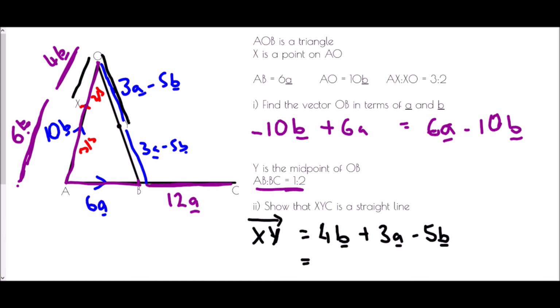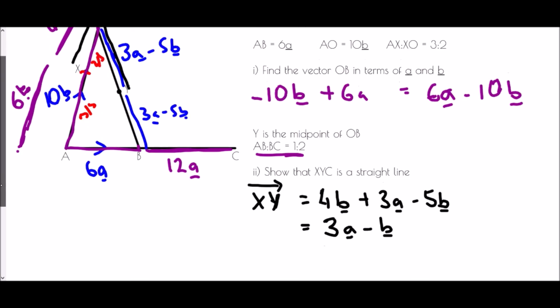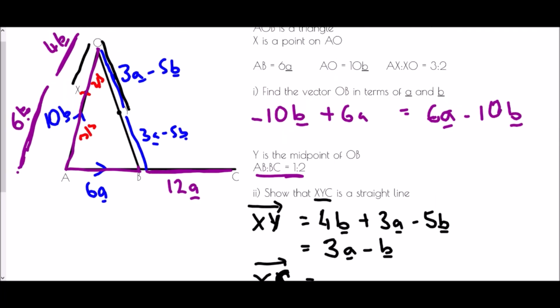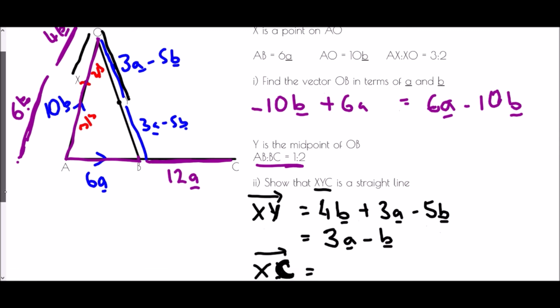So xy is actually 3a take away b if we simplify. If I then look for how to get from x to c, the other point that was listed in XYC, to get from x to c, well I would need to follow from x to O, so that is 4b.